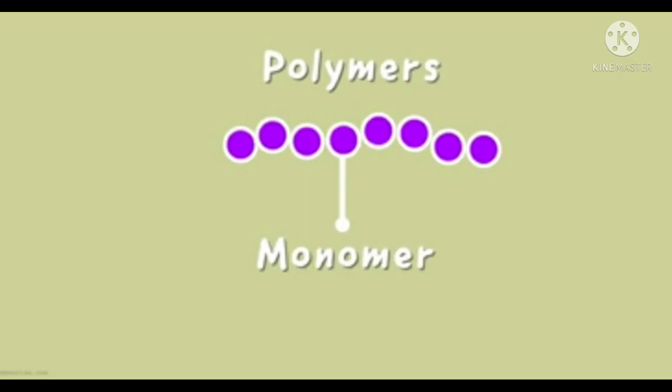Like that, a synthetic fiber is also a chain of small units joined together. Each small unit is a chemical substance which is called a monomer. Many such small units combine to form a large single unit called a polymer. So, a synthetic fiber is a polymer.